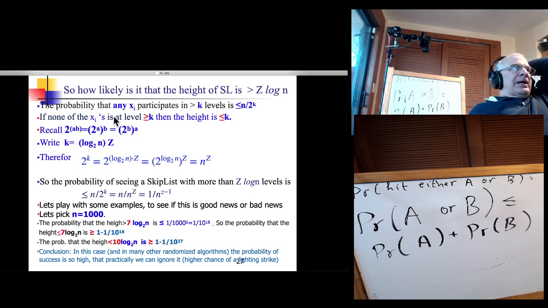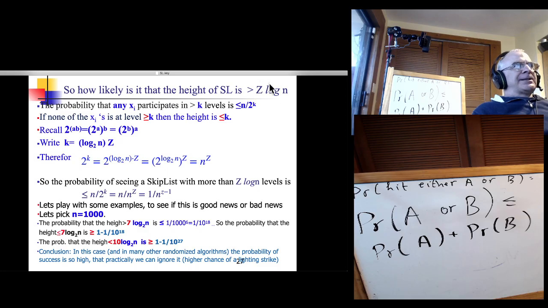Now, if none of the xi's participate in so many levels, then the whole skip list has a height which is acceptable, less than 2 to the k. Reminder to everybody, 2 to the power of a times b is what? It is 2 to the power of a, to the power of b, or also 2 to the power of b, to the power of a.